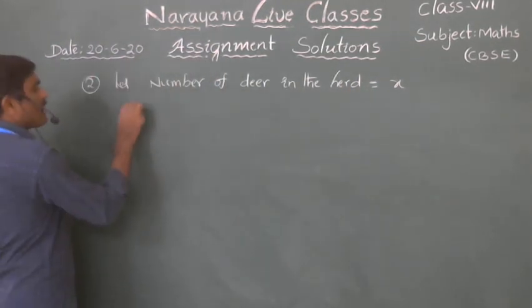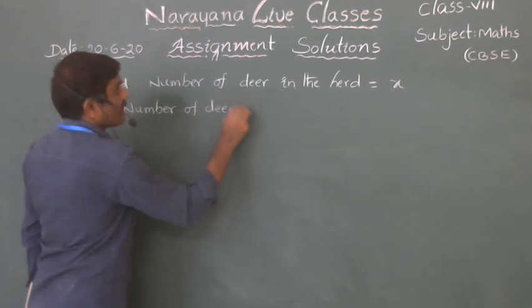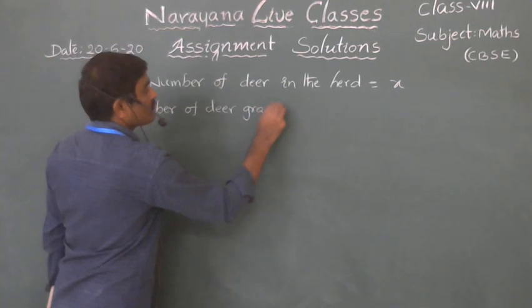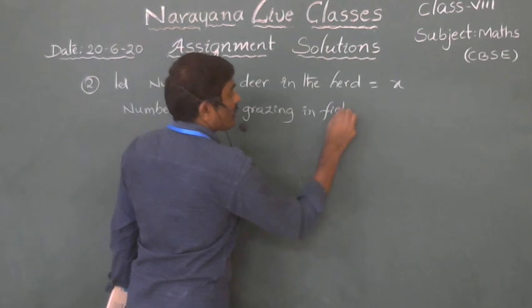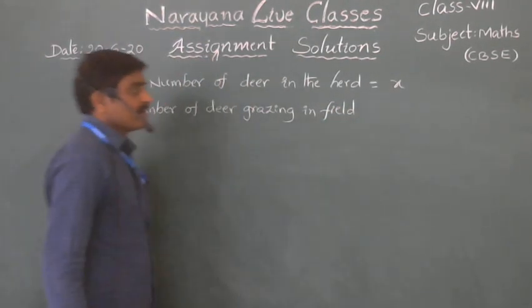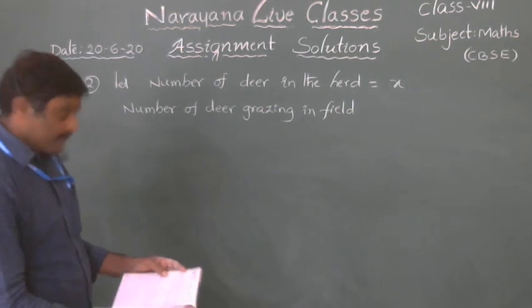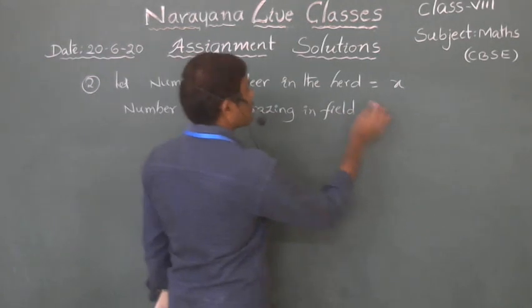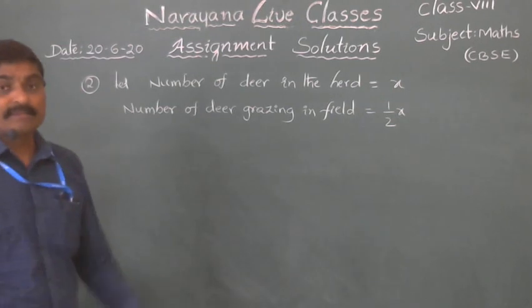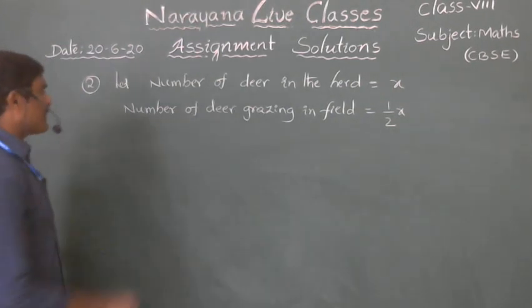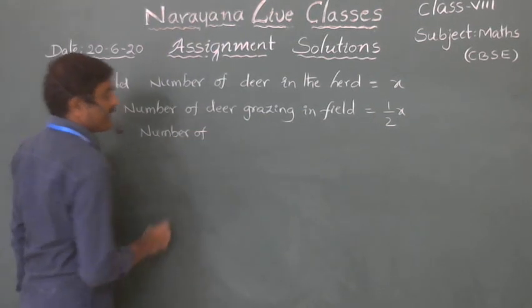So the number of deer grazing in the field is half of the herd, which means 1/2 x. Next, let us find the remaining number of deer.